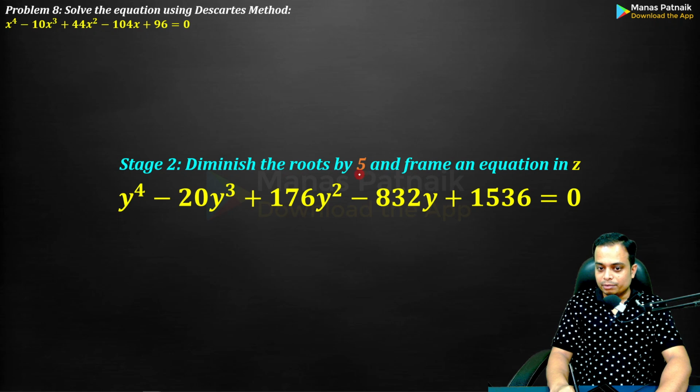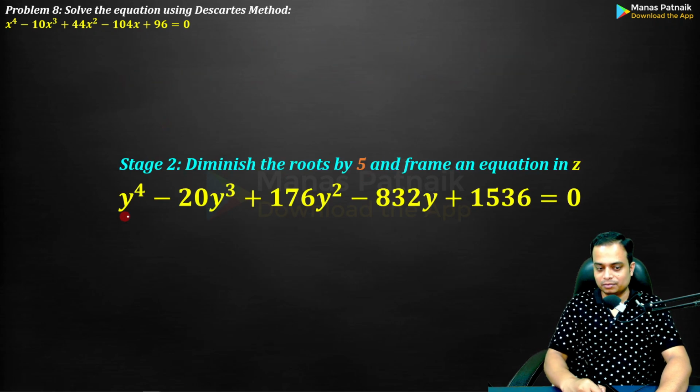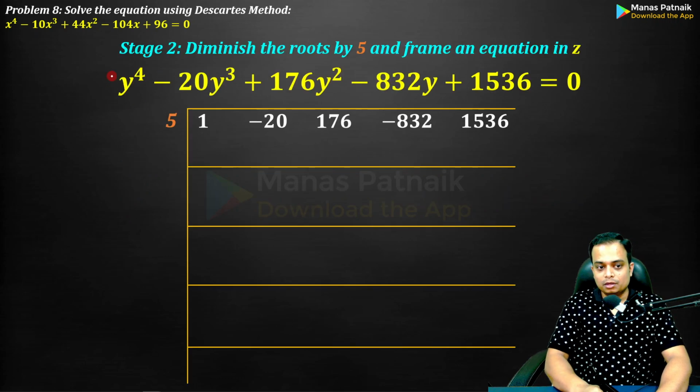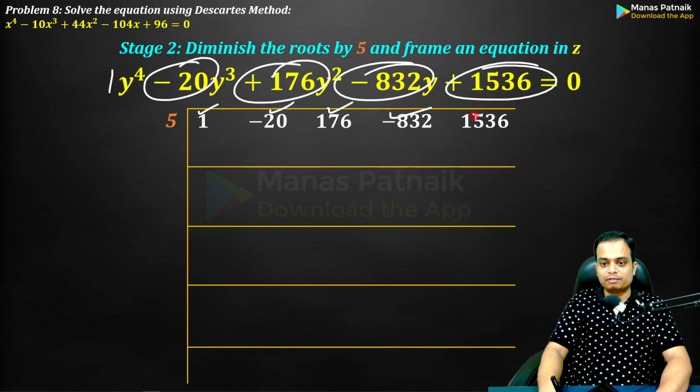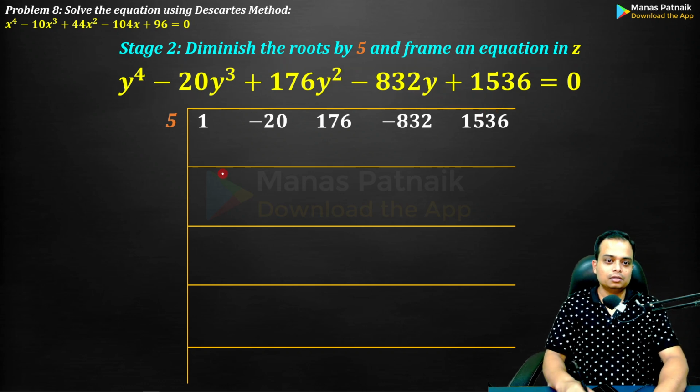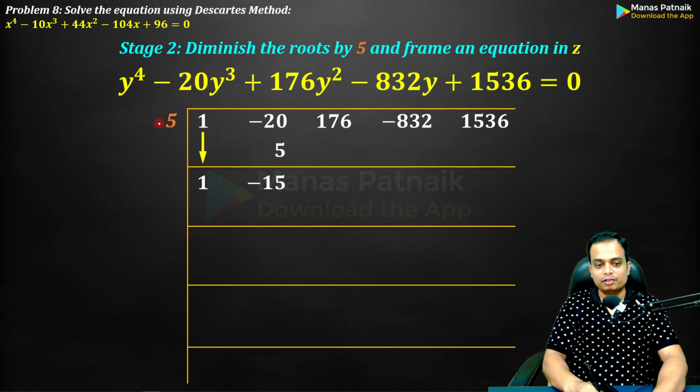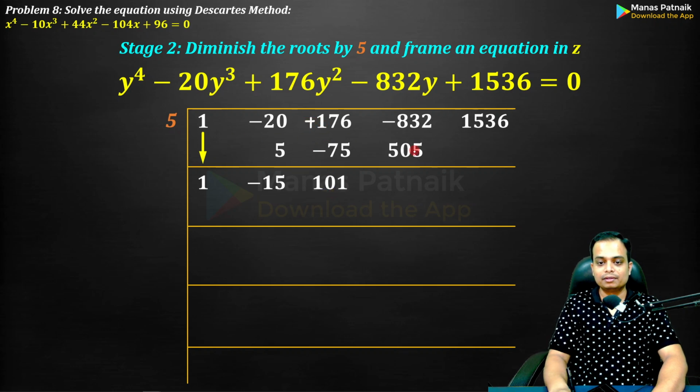We are now going to diminish the roots by 5. How do we do that? Take a look at this process. 5, that is our equation, current equation in y: 1, minus 20, plus 176, minus 832, plus 1536. Wonderful. 5 1 is 5, minus 15, into 5, minus 75, plus 176 is 101, into 5, 505, minus 832.